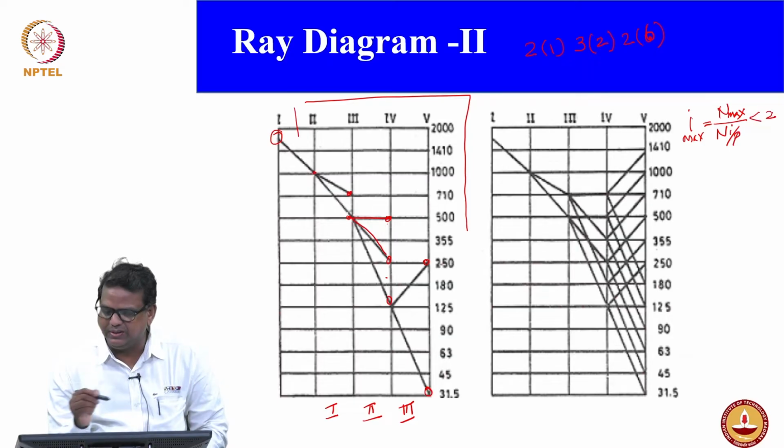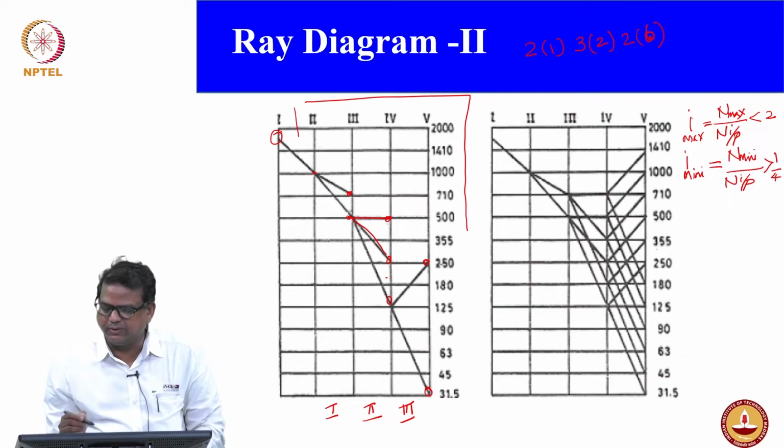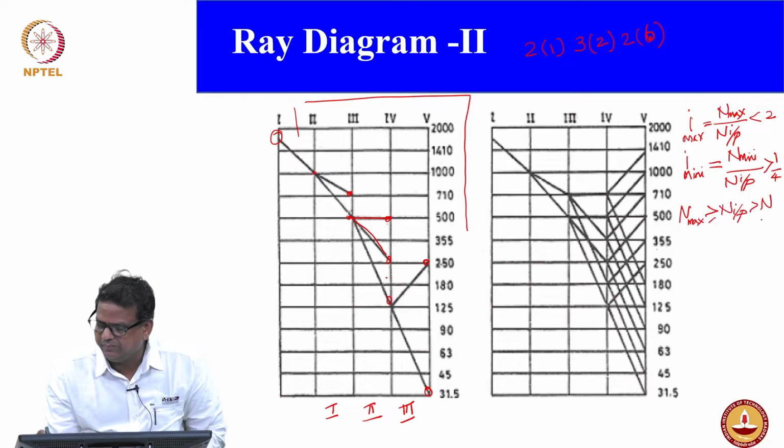Another thing is the minimum gear ratio I min, that is your minimum speed over input speed, greater than 1 by 4. These two thumb rules should be followed. Apart from that, always your N max is greater than or equal to N input, then your N minimum.